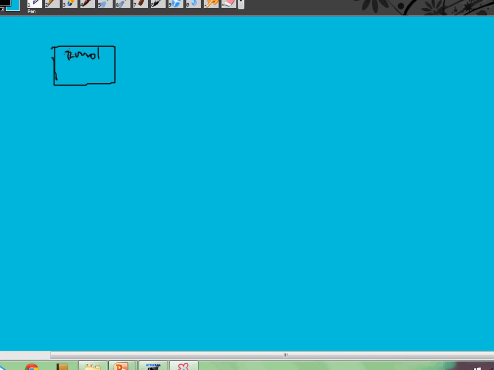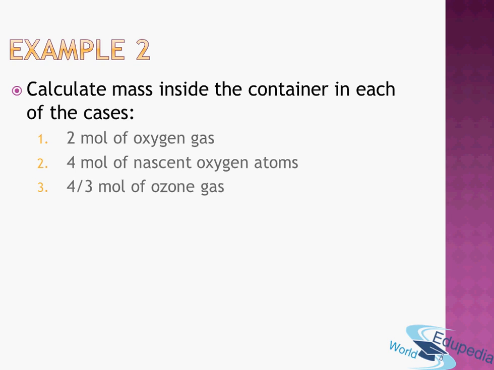What is oxygen gas? Oxygen gas is O2. If you remember, oxygen gas is O2. In the second part, you have another container in which you have 4 moles of nascent oxygen atoms.